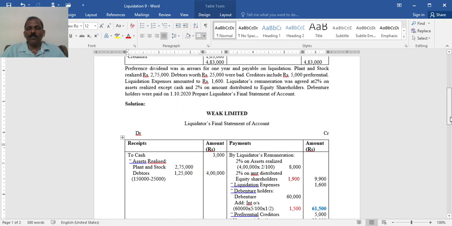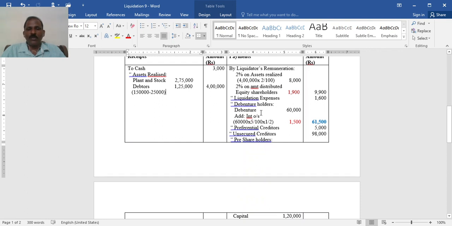That you calculate and provide. Amount payable towards debenture 60,000, then interest outstanding on 60,000 at 5% for half year is 1,500. Total amount payable to debenture holders 61,500.